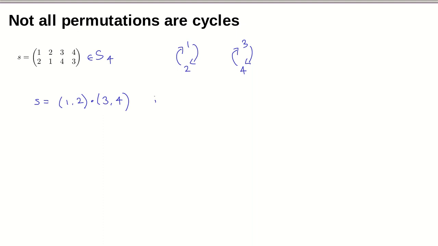So we can say that S is, however, a composition of two disjoint cycles. And in fact, what we're going to show in the next couple of videos is that every permutation can be written as a composition of disjoint cycles.